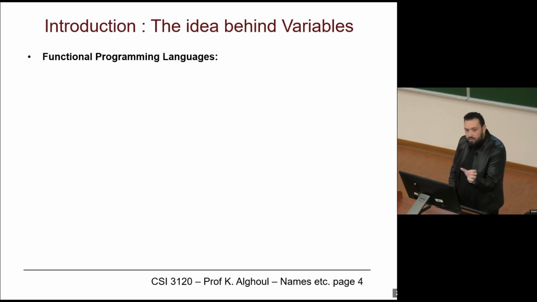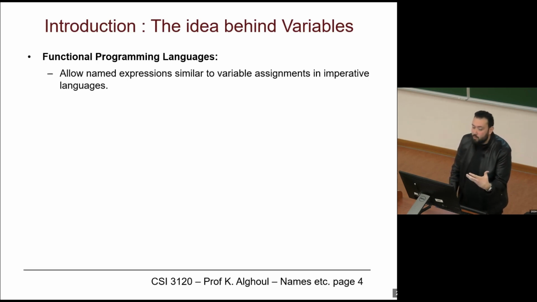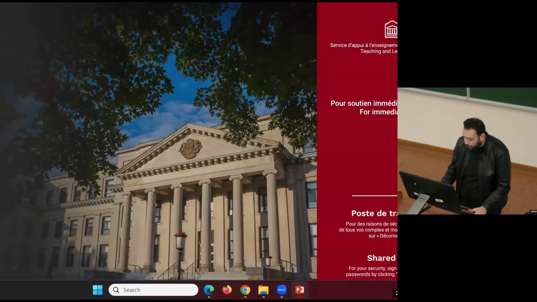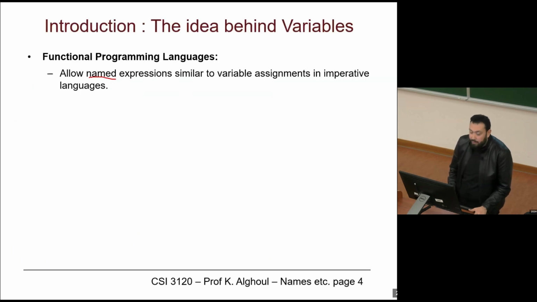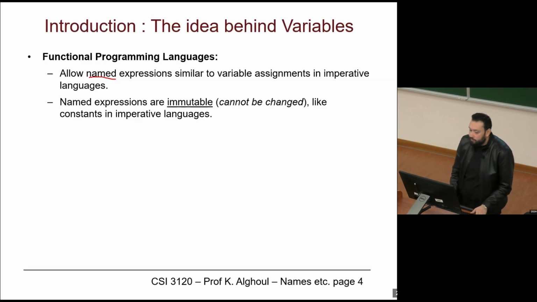Now, very quickly, just to see a bit of the difference between functional programming and imperative: it is true that functional programming also allows named expressions, of course. But what's the difference? If we're talking about pure functional programming, named expressions are immutable.